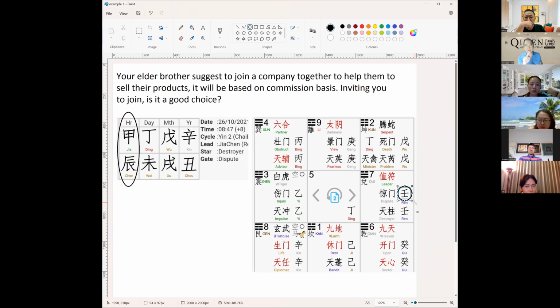So when we see a Jia together with a Chen, the real symbol is the Ren. So in this case, our answer is in box number 7. Okay, so over here. Next, I want to introduce a new variable. This is what we call the party involved. Who is the party involved? We are the one that asked this question. I am the asker.